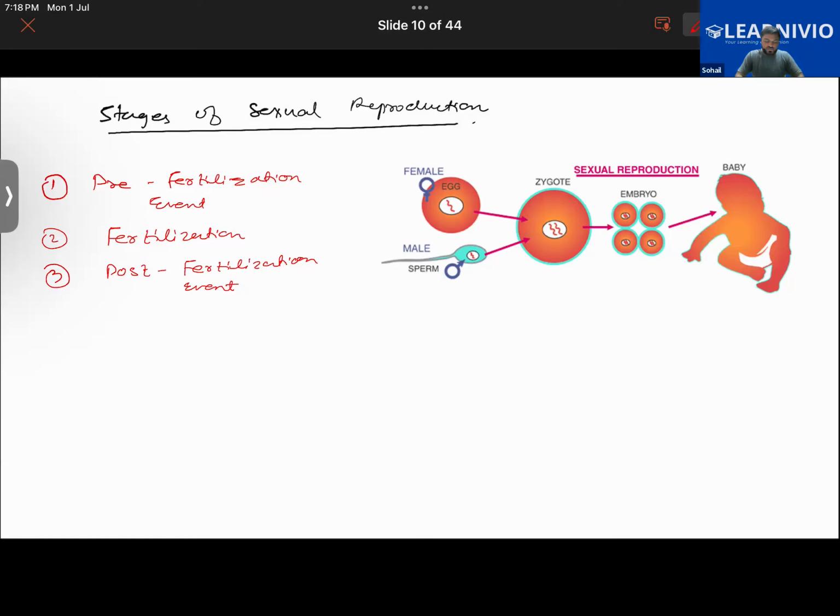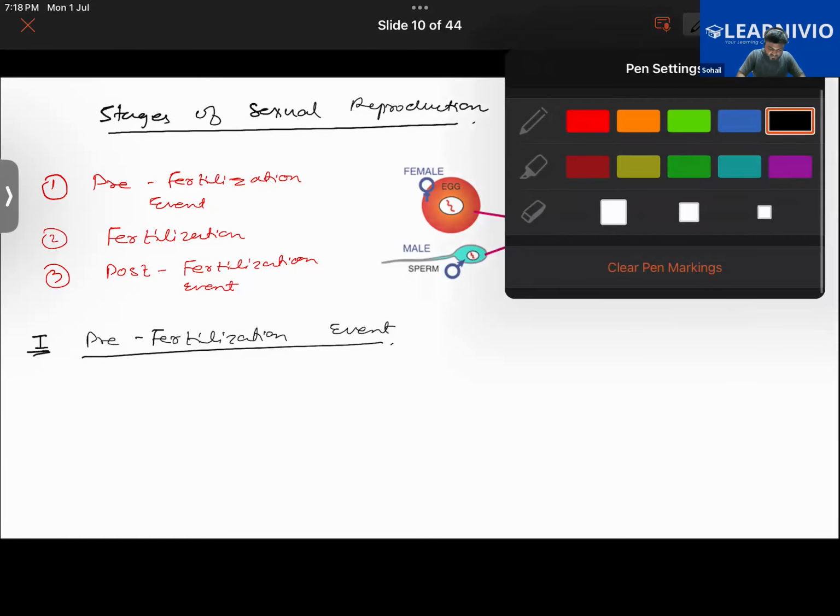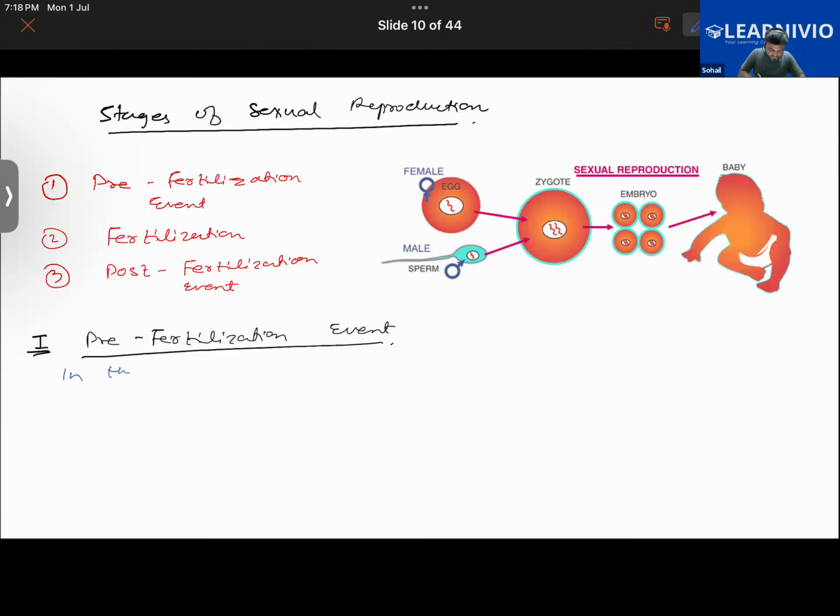All of you have written this much now? So, pre-fertilization event. In this, write down this. In this, the production of gametes, namely sperm, which is the male gamete cell, and ovum, which is the female gamete cell.